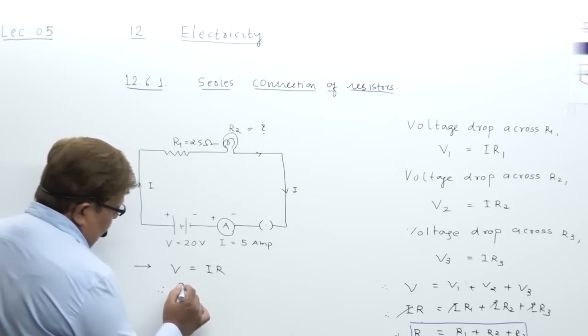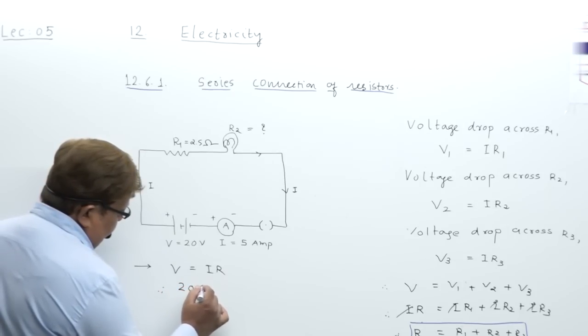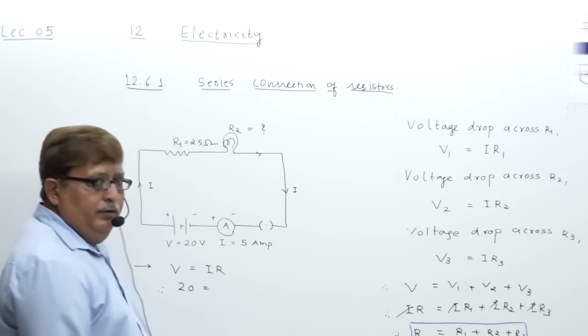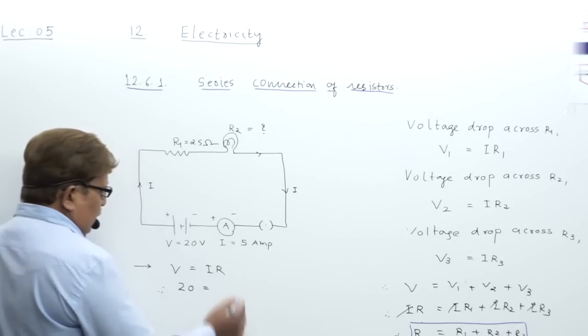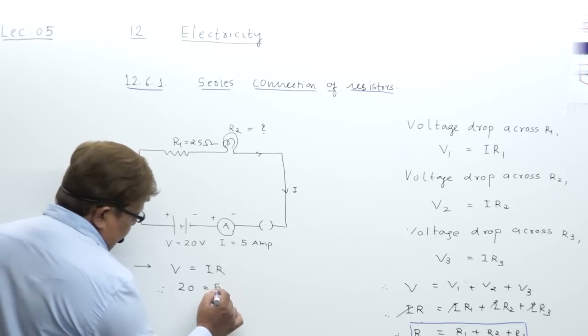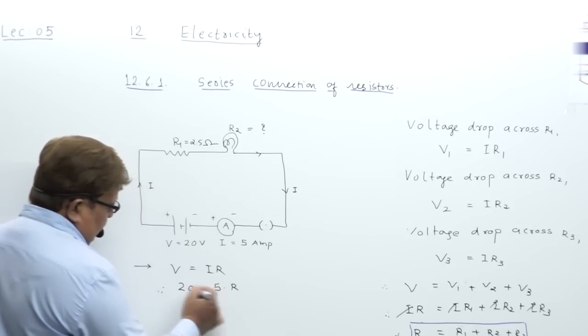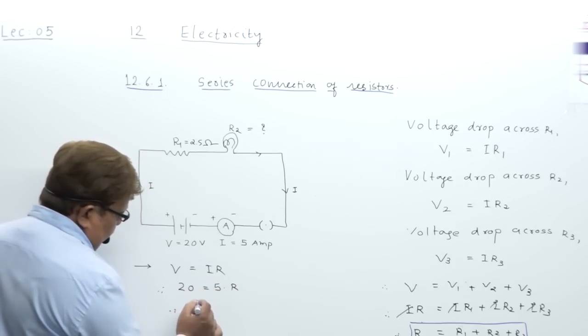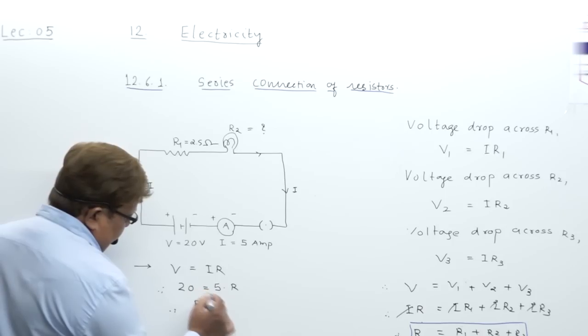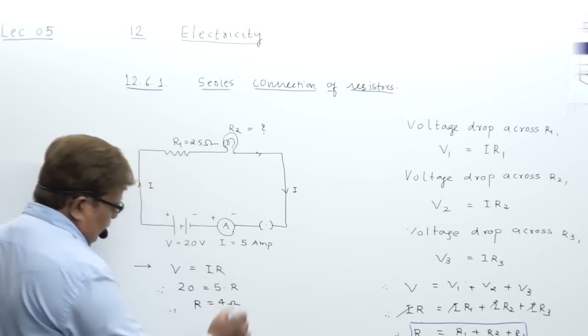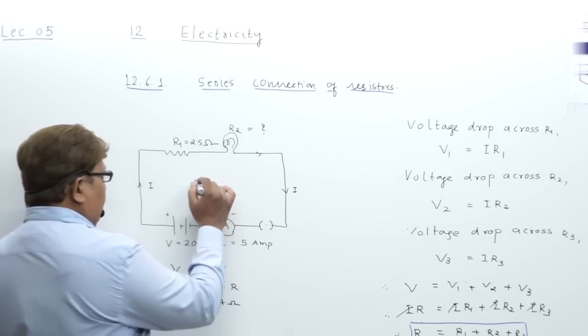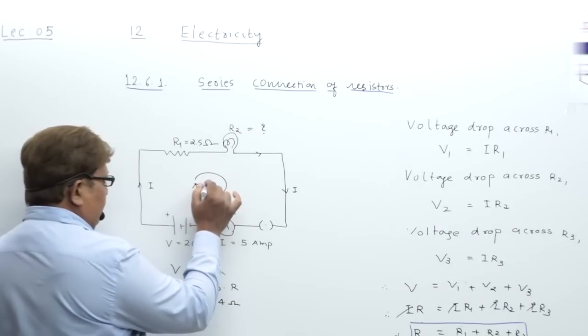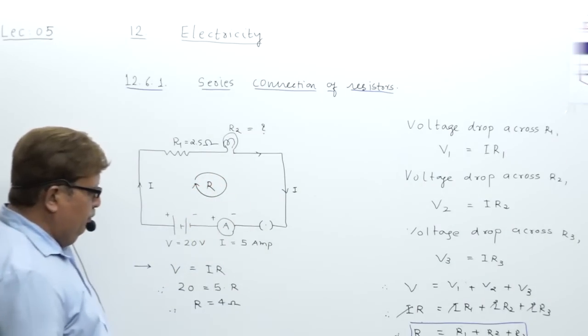What is V? 20 equals I, which is 5. Just cancel it. So what is R? That is 4 ohm. You got the overall resistance of the circuit, that is 4 ohm.